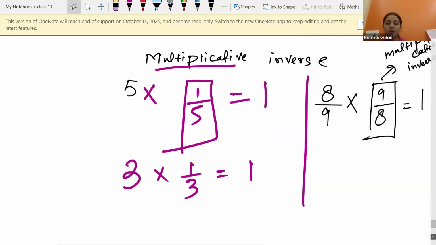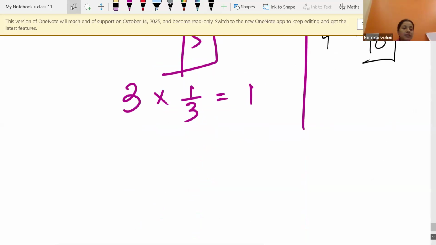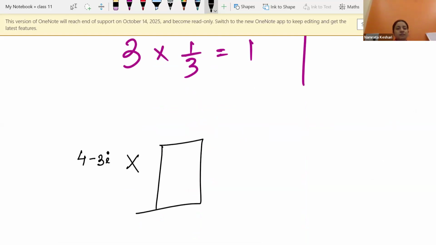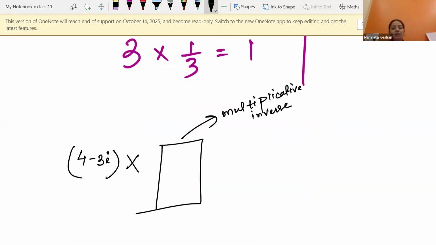So if we have a complex number that is 4 minus 3i, what is the multiplicative inverse of this one? Multiplicative inverse means the same: what shall I multiply with the given complex number so that the answer is 1?